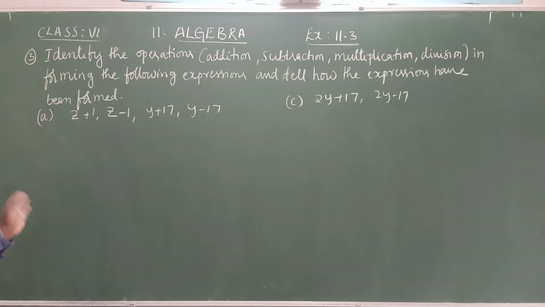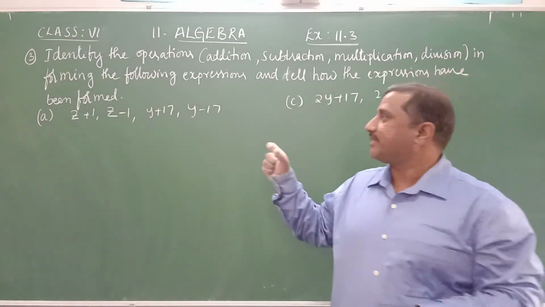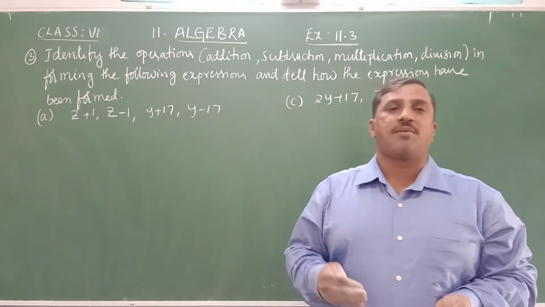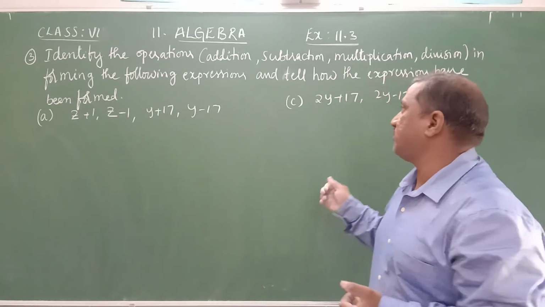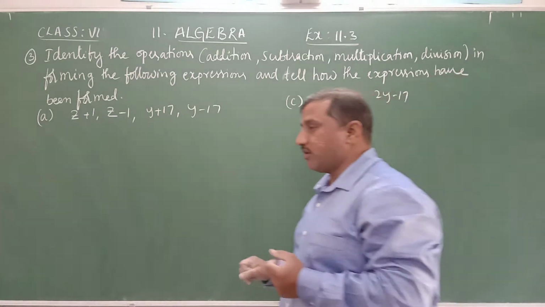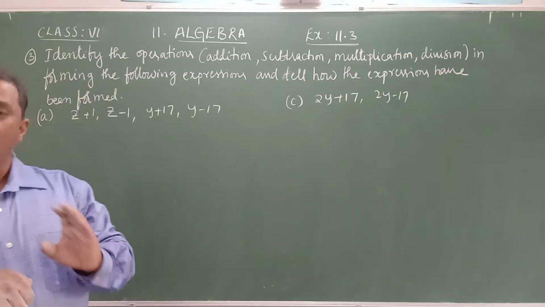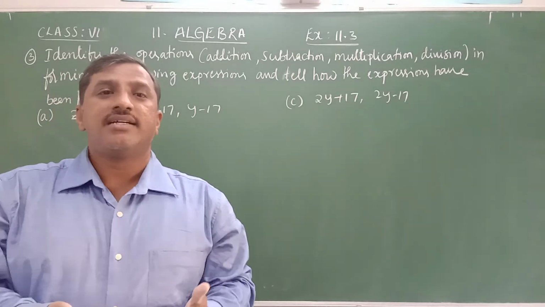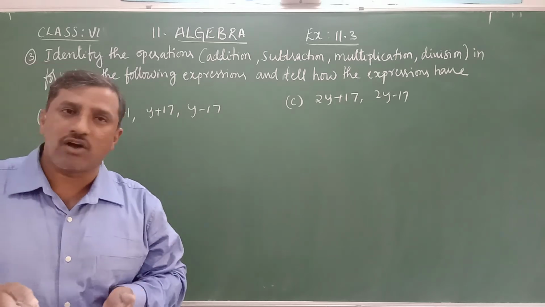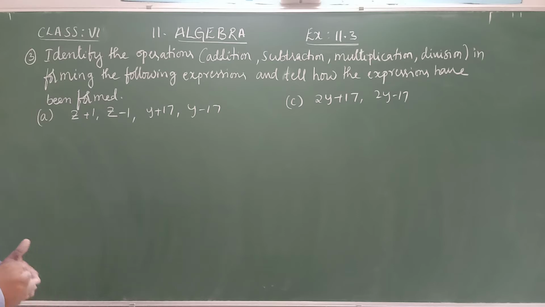So here we should identify which arithmetic operation is there in forming the given expressions, like addition, subtraction, multiplication and division, and also tell how they are formed, by adding or by subtracting or by multiplying or by division or both. Sometimes you may find more than one arithmetic operation also. We have to identify the arithmetic operation.